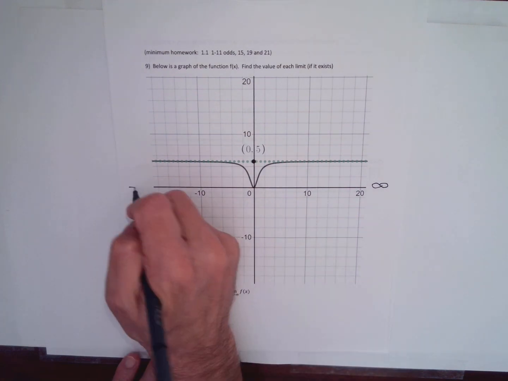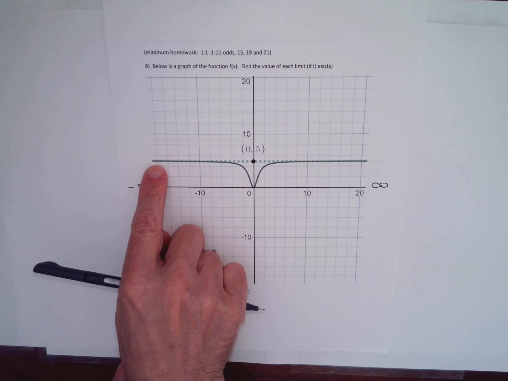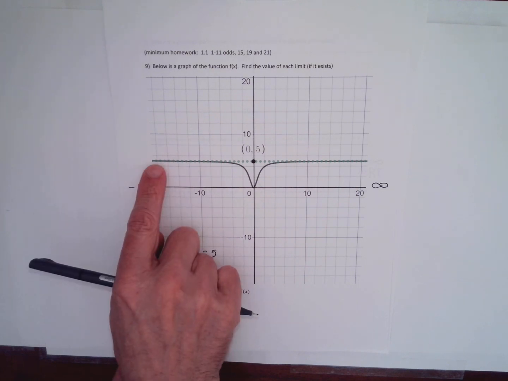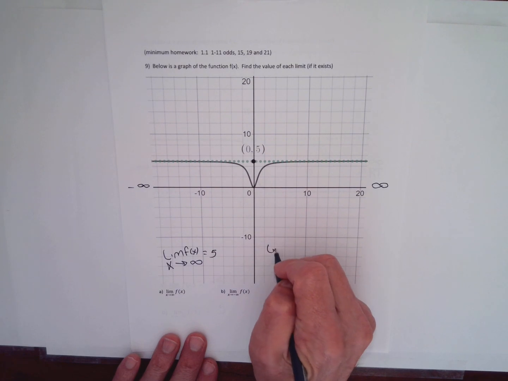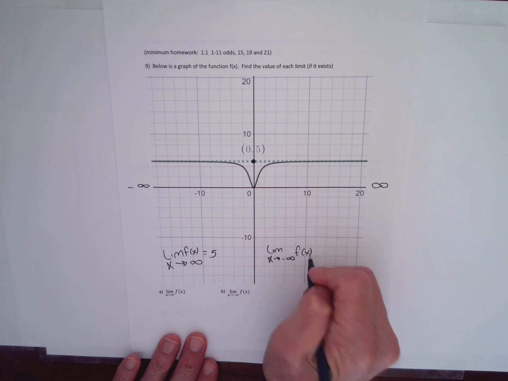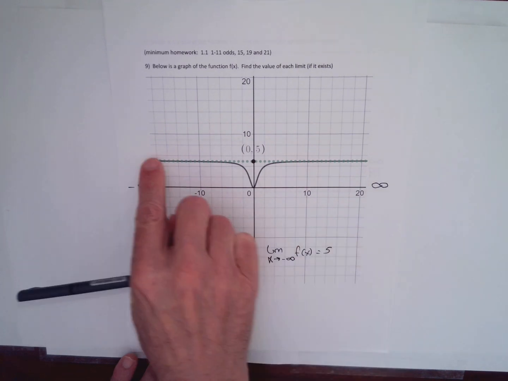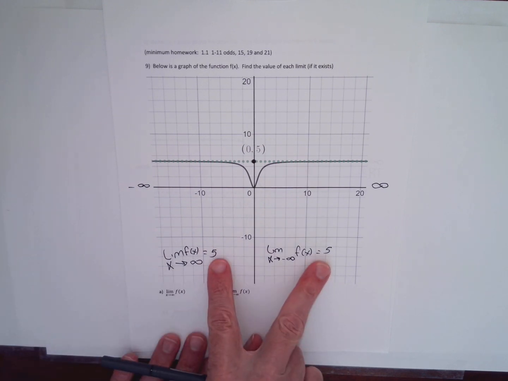Similarly, because negative infinity is to the left of the origin, and this graph to the left of the origin butts up against the same horizontal line, the limit as x goes to negative infinity is the same y for that same line. It's y equal to 5. So for this one, the limit as x approaches negative infinity, still that same 5. There's only one horizontal line that this line is tracking to, so the limits are the same.